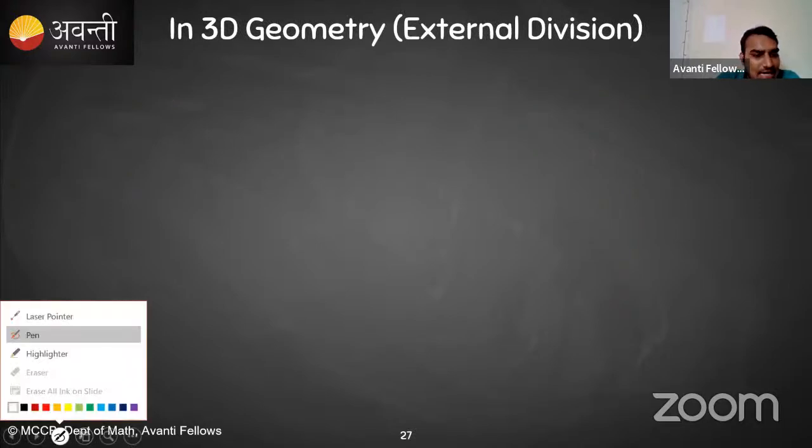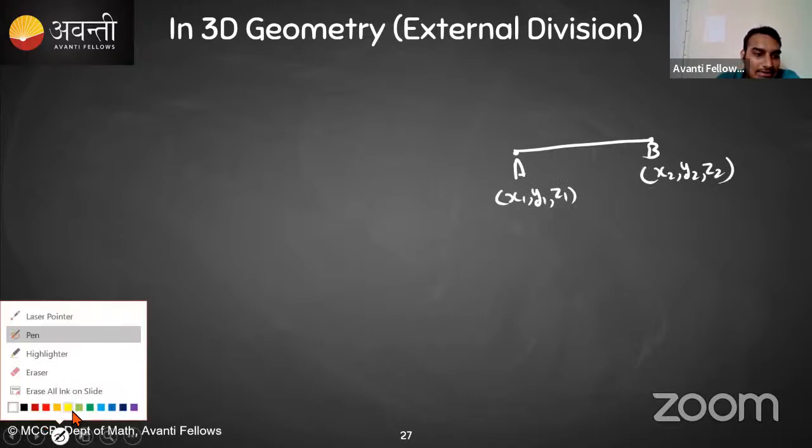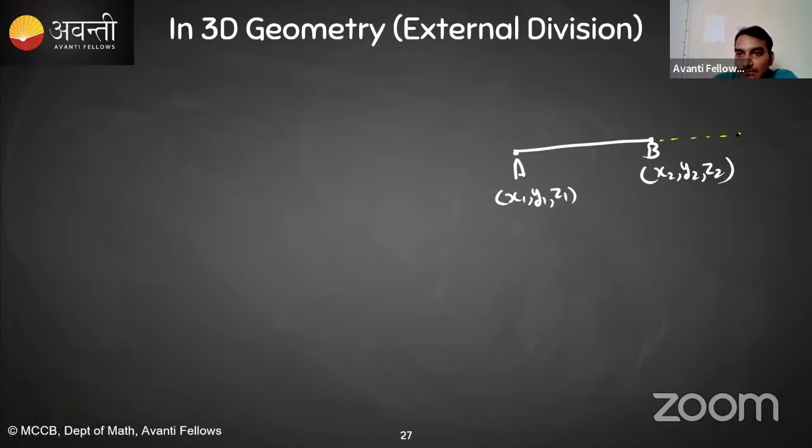right? Same thing again. Again, this is point A, this is point P. Let's suppose the coordinates of A are x1, y1, z1. Coordinates of B are x2, y2, z2. And there is a point P. Let's suppose this is some point P which is dividing AB externally in the ratio m is to n.